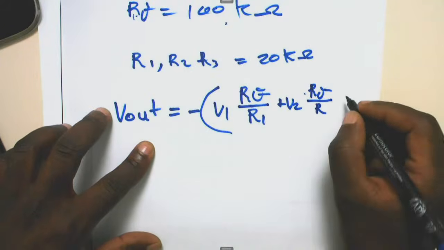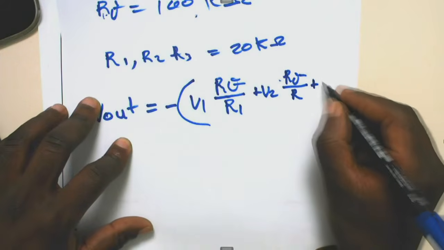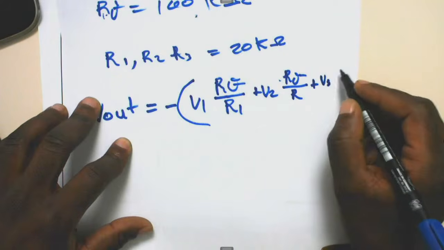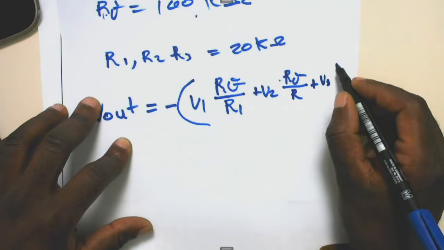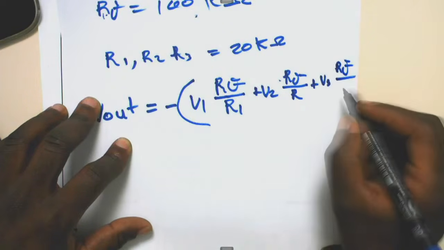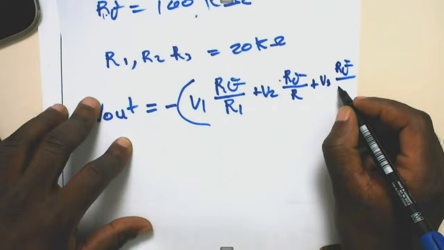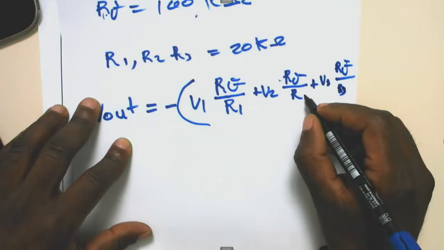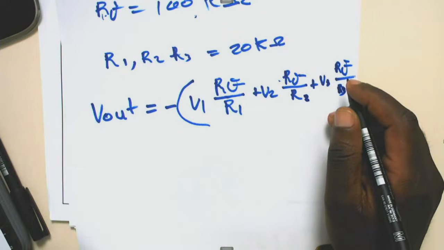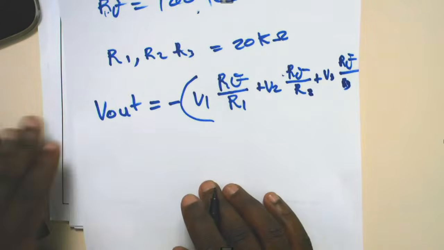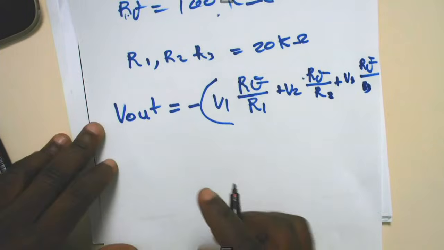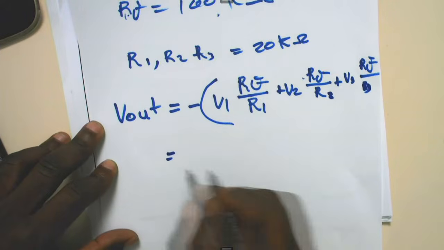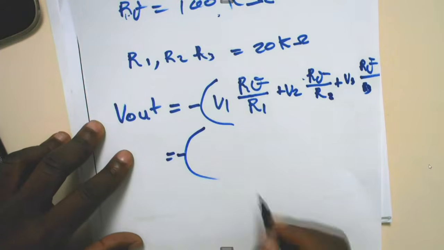Then it will continue saying plus V3 multiplied by RF over R3. Remember, all our R1, R2, R3, they are all the same. So here we are going to substitute.